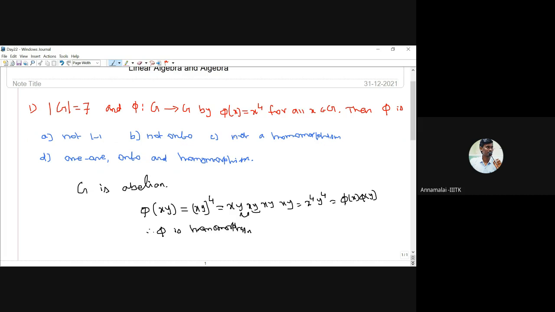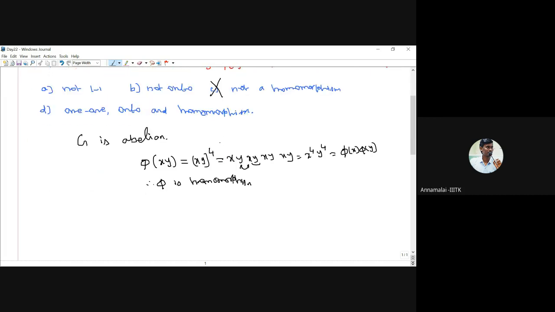Therefore we can eliminate the third option because this is a homomorphism. Now we have to check if the function is 1 to 1 or not. So since pi is a function from a group G to G, and we know that G is a finite set because G contains 7 elements, therefore G is a finite set and domain and codomain are equal.